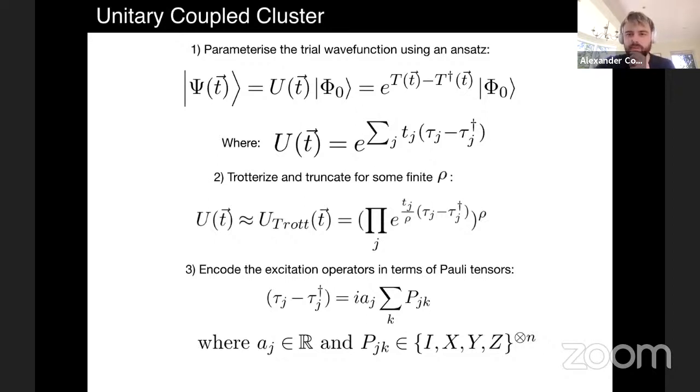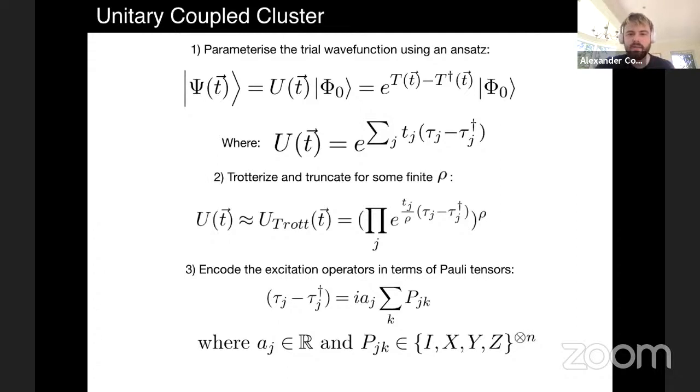In order to perform this on a quantum computer, we need to perform a Trotter expansion of this exponential sum. In the limit where rho goes to infinity, the product that we have below here in number 2 is the same as the exponential sum, but typically we truncate at some low rho for NISQ devices.